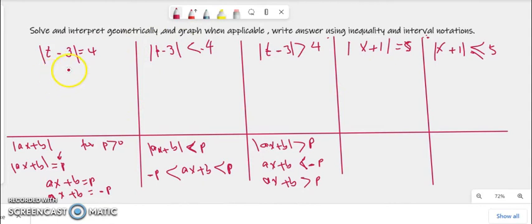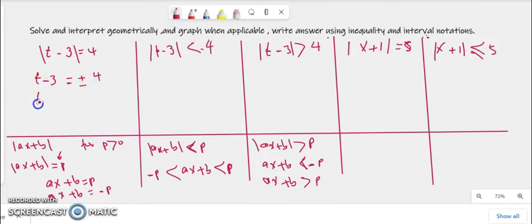So the first one, the absolute value of t minus 3 equals 4. Which theorem are we gonna use? We're gonna use the equal-sign theorem. So t minus 3 is equal to plus or minus 4, which in this case means p equals 4.